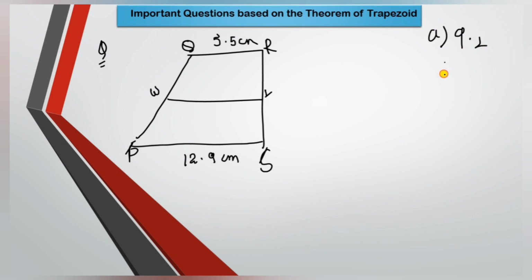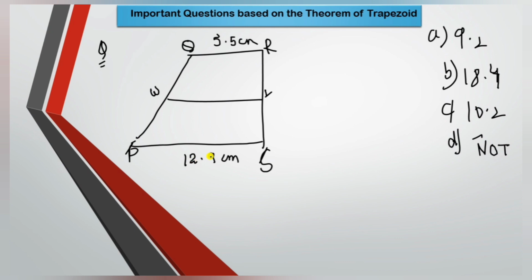The second option is 18.4. The third option, part C, is 10.2, and the fourth is none of these. So you have to check which option is correct.